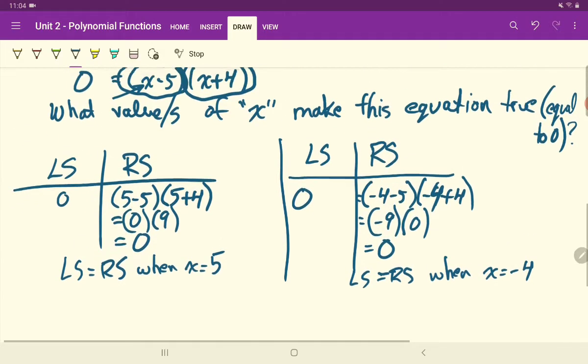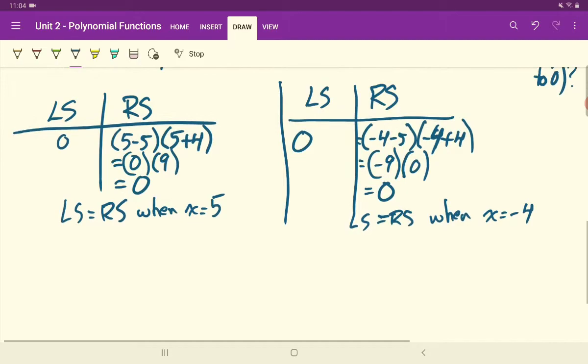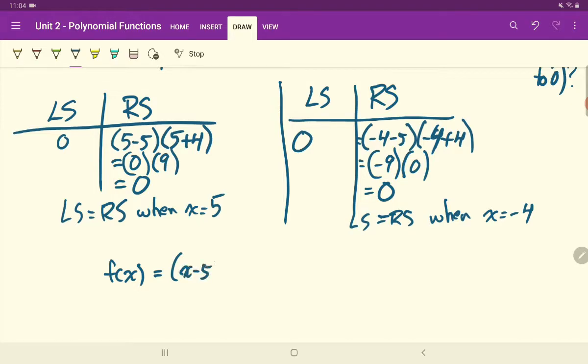But now that we understand why we can find the x-intercepts or how we can do that, there's an easier way to do this. Okay, so if you have f of x is equal to x minus 5 times x plus 4. All you need to do is set your equation equal to 0.